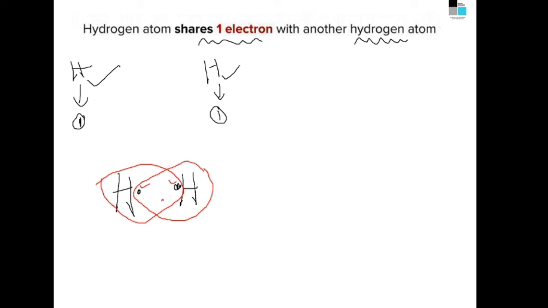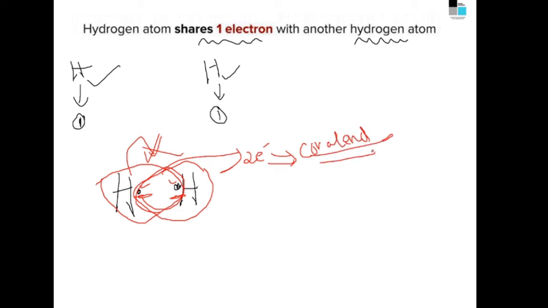You can see that they are sharing the electrons, not transferring them completely. The total number of electrons being shared inside this cloud is 2 electrons. Whenever electrons are being shared, it is a covalent bond. But whenever 2 electrons are being shared, we call it by a special name, a single covalent bond.